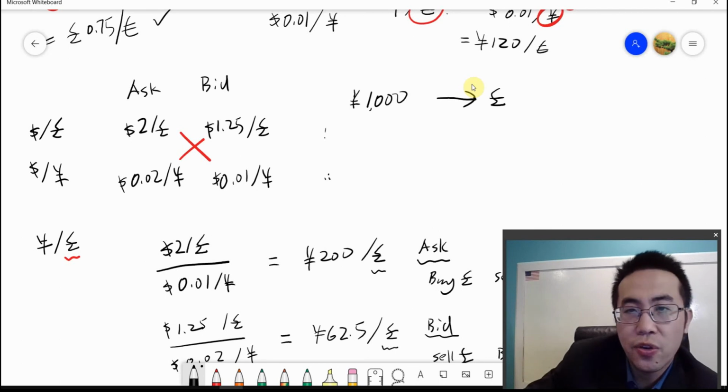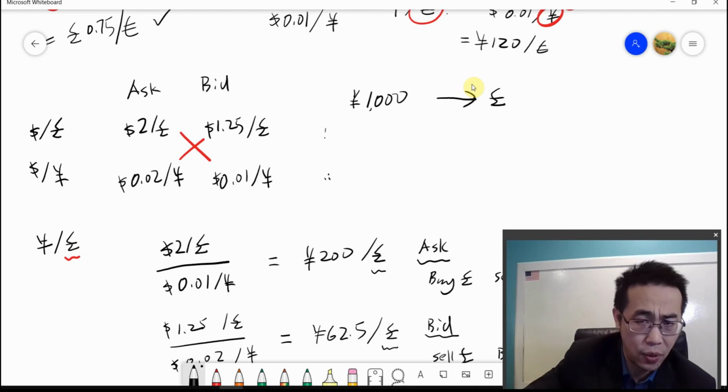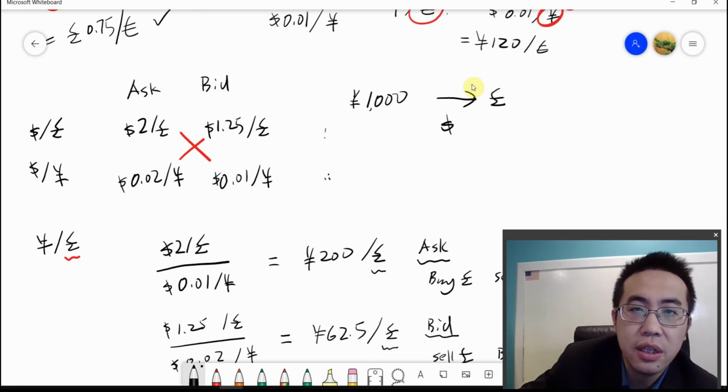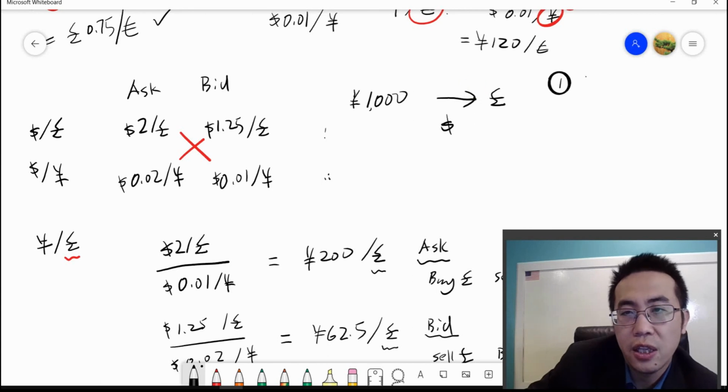So that means your conversion from yen to pound cannot escape US dollar, right? So you have to get the dollar first as the middle currency. So essentially you have to do two transactions if you want to get yen to pound. The first is yen to US dollar, and the other is US dollar to British pound.